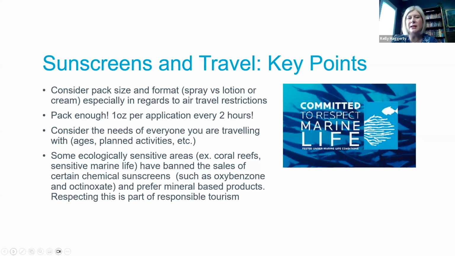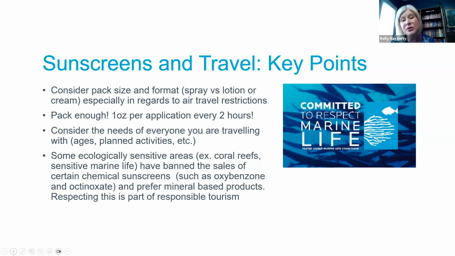So some of the ingredients we often see implicated with this would be oxybenzone and octinoxate, which are the main ingredients you want to avoid. But you should also look for mineral-based sunscreens that use non-nano zinc and non-nano titanium. Now, a lot of companies will have a logo like this. It may be on their product, but it may also be on their website. So when you travel, maybe a part of responsible travel is to look into that.